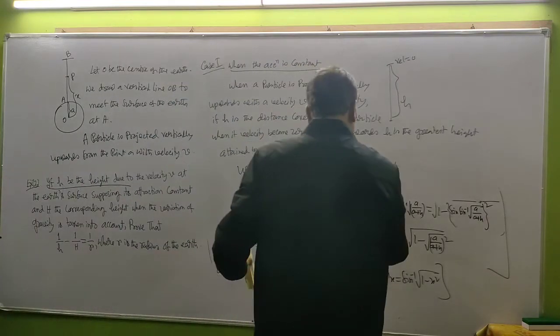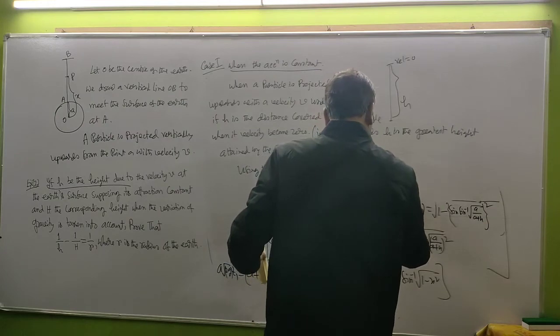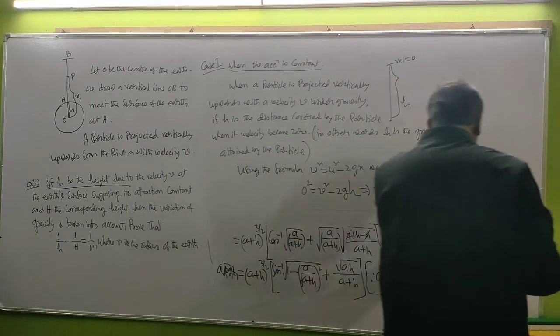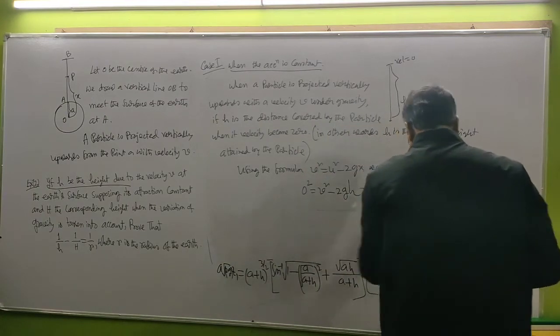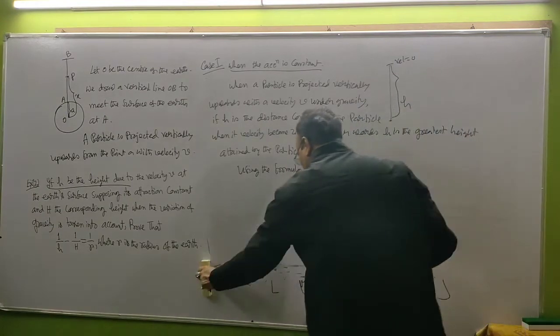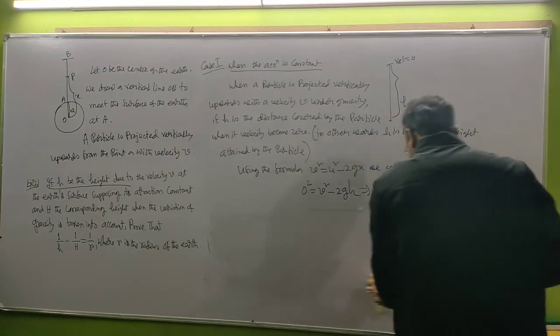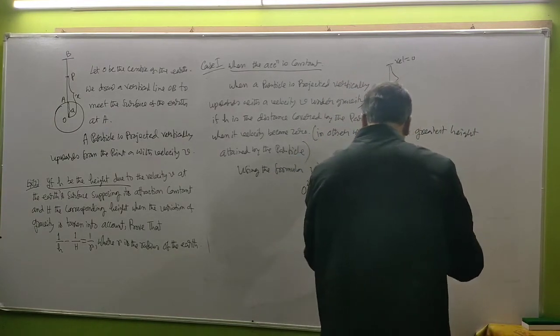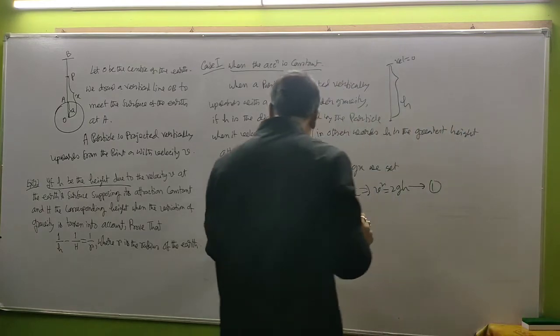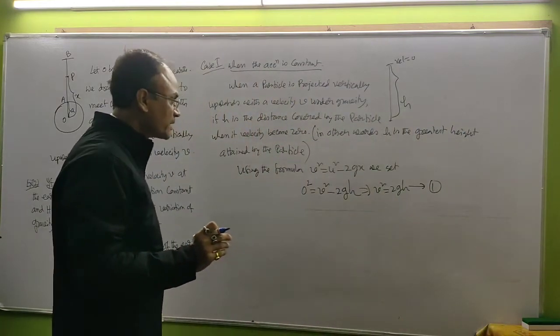This means v square is equal to twice gh. Suppose this is number 1.